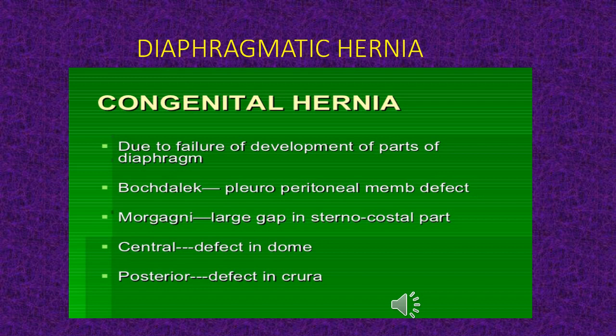Then the other one is the retrosternal hernia through the foramen of Morgagni, due to a large gap in the sternocostal part of the diaphragm. Central hernia is due to a defect in the dome of the diaphragm, usually on the left side, and is very rare. And the other one is posterior hernia, due to a defect in the crura of the diaphragm.